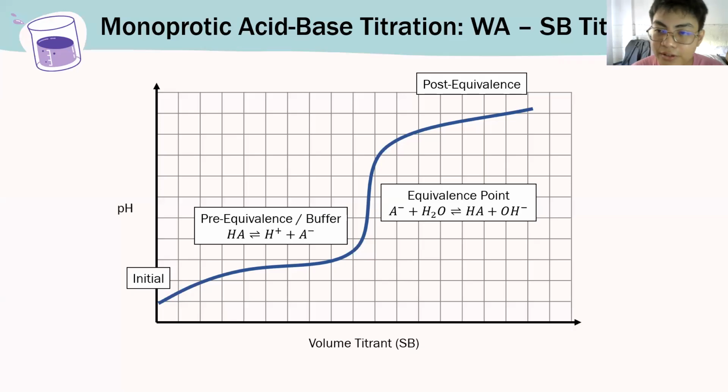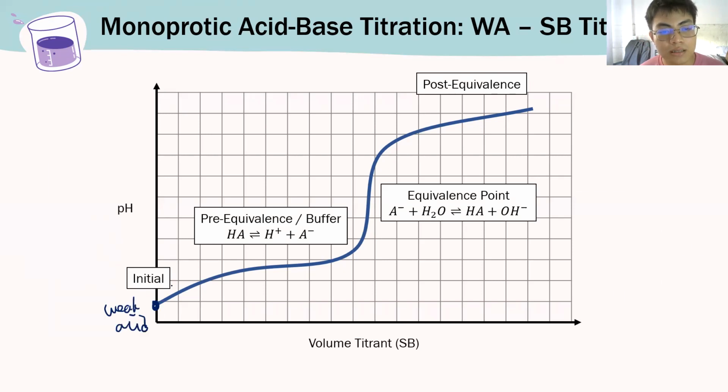Okay, sorry, before we skip, this is how the titration curve looks like for a monoprotic weak acid strong base titration. Of course, you begin with a very low pH because you have an acid.